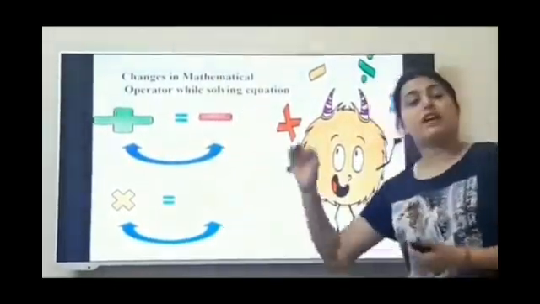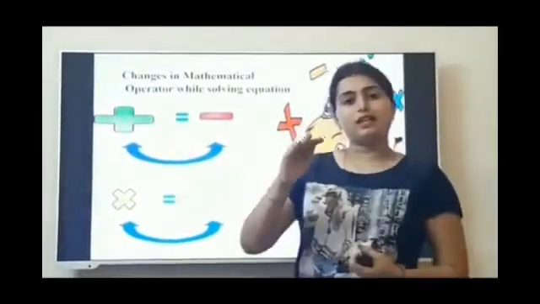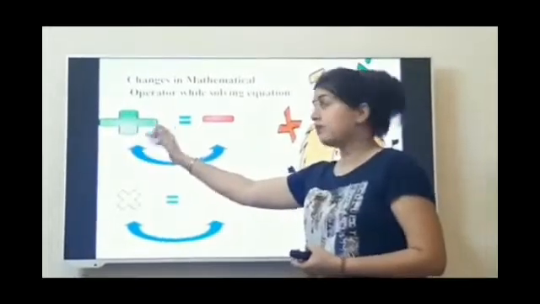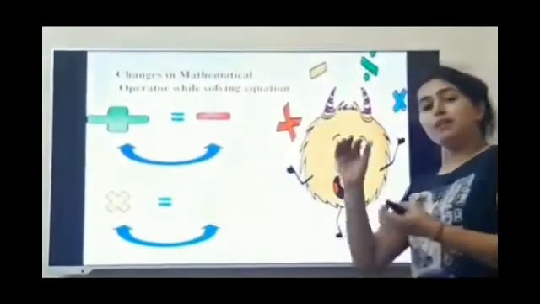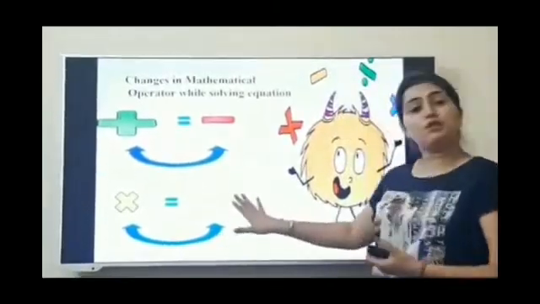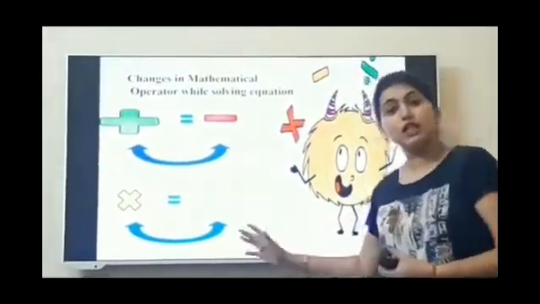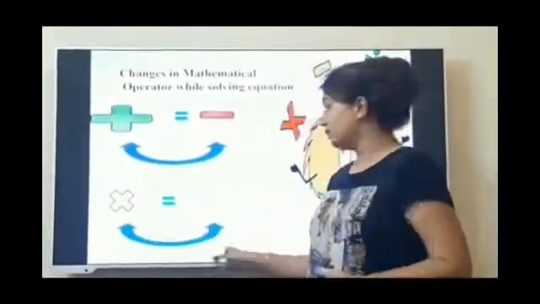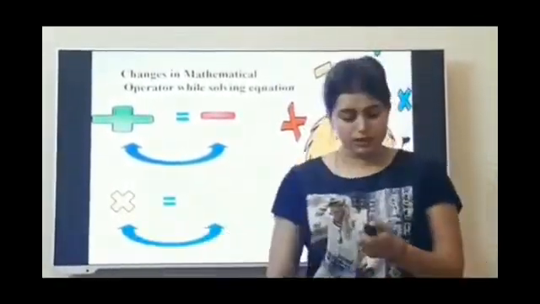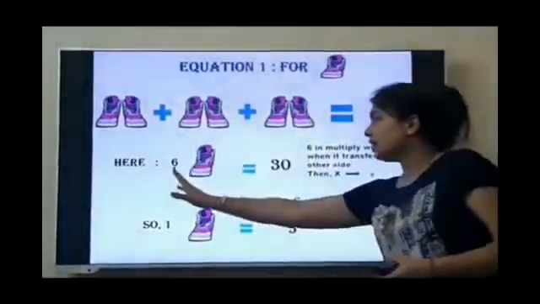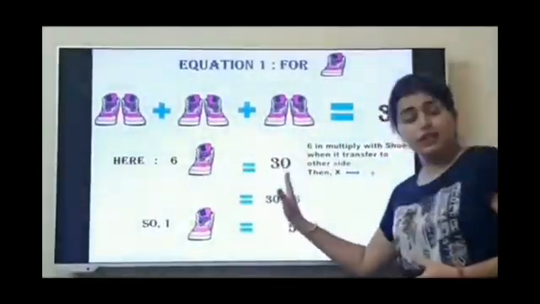And vice versa, if any number is in minus and you move it to the other side, then it becomes plus. Again, if any number is in multiply and you move it to the other side, then it becomes divide, and vice versa, if the number is in divide and you move it to the other side, then it becomes multiply.